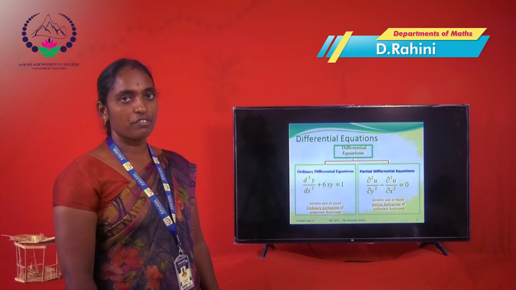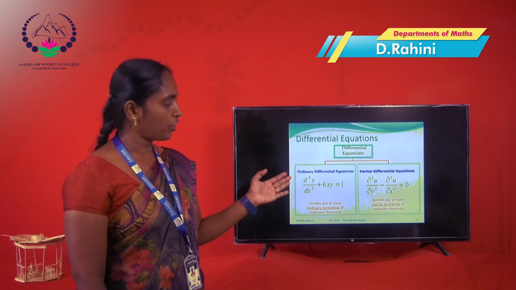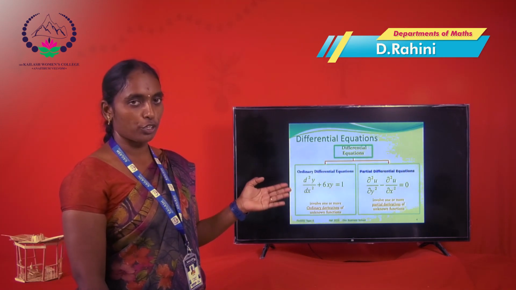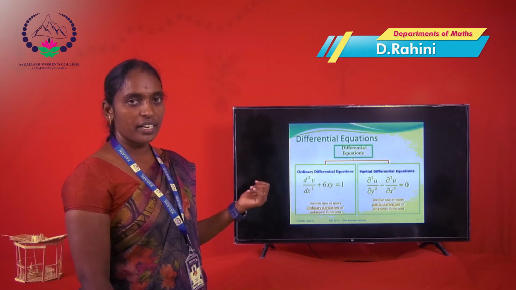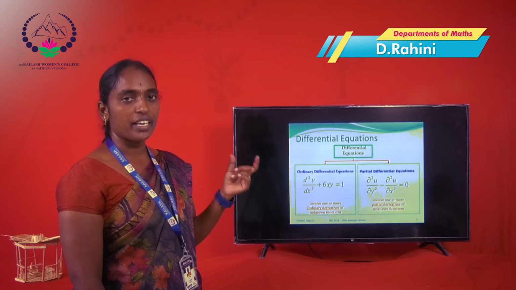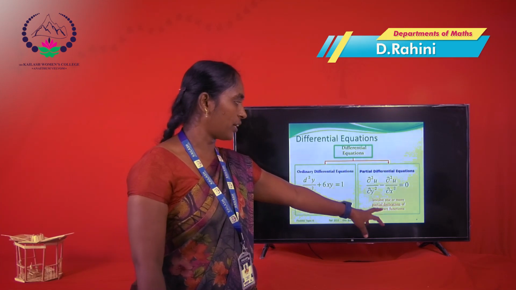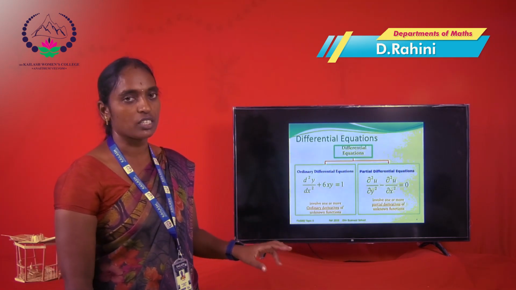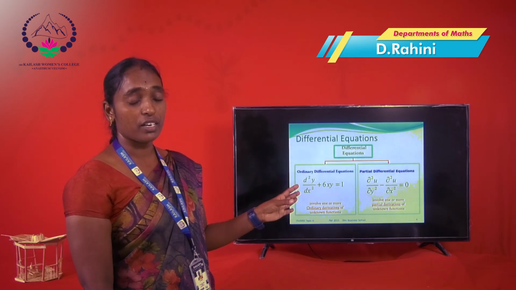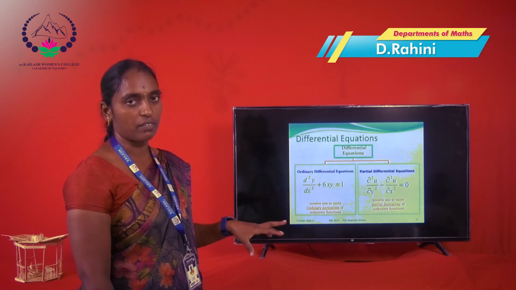Next, in partial differential equations, a basic example is dou square u by dou y square minus dou square u by dou x square equal to 0. Partial differential equations involve one or more partial derivatives of unknown functions. So this is the difference between an ordinary differential equation and a partial differential equation.